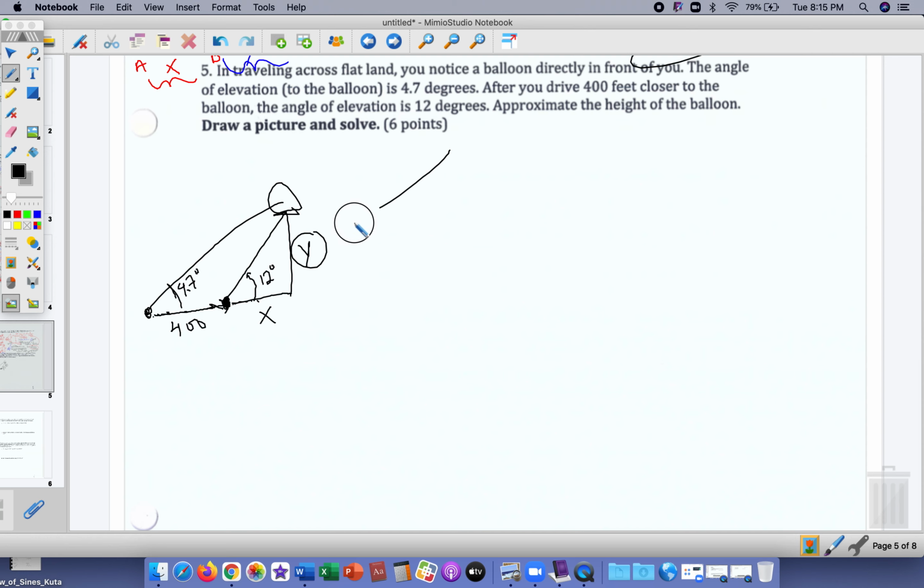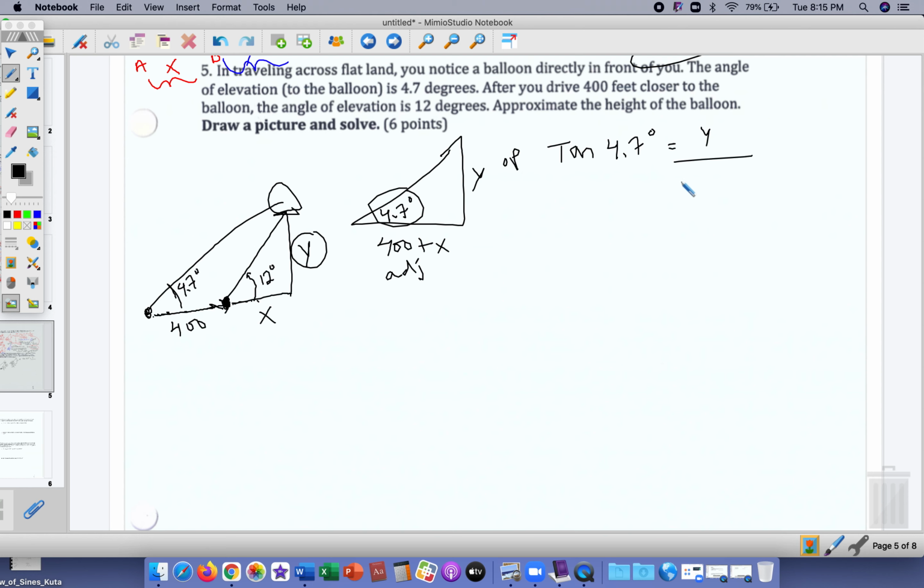So first, I'll do the big one. So we know that's y, we know that's 400 plus x, we know this is 4.7 degrees. So I'm going to use tangent because I have opposite and adjacent. So I'll do tangent of angle 4.7 degrees is equal to opposite over adjacent.